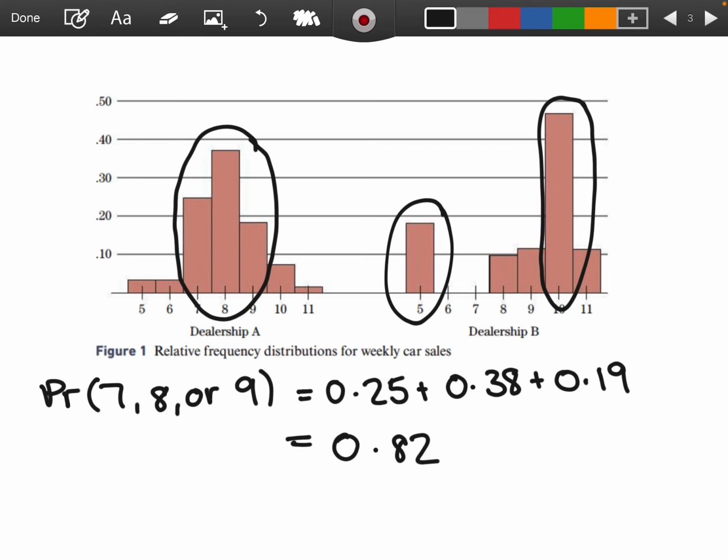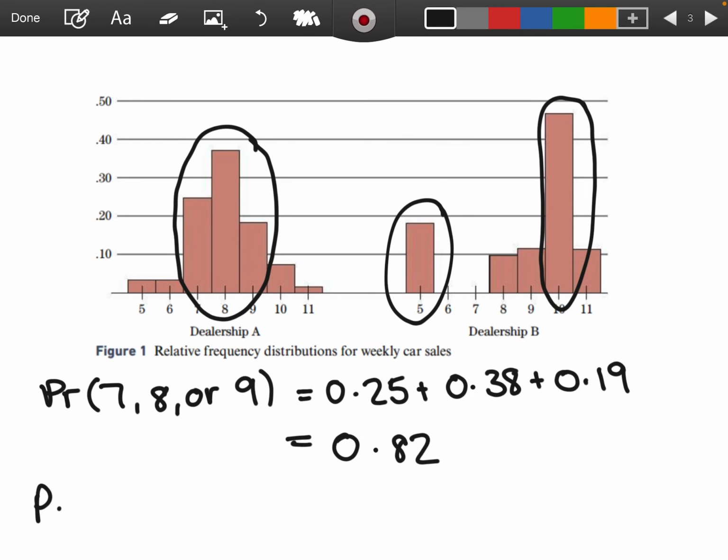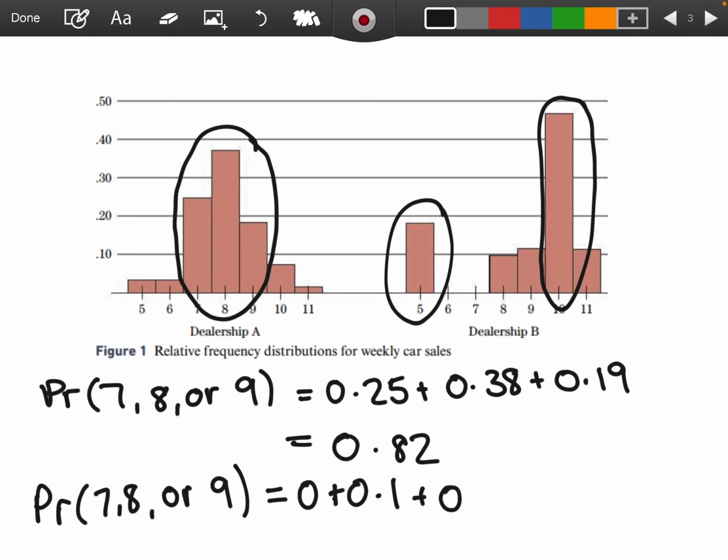So the probability of 7, 8, or 9 weekly sales for dealership B is going to be 0 plus 0.1 plus 0.12. So only 22% of the time does dealership B have 7, 8, or 9 weekly sales.